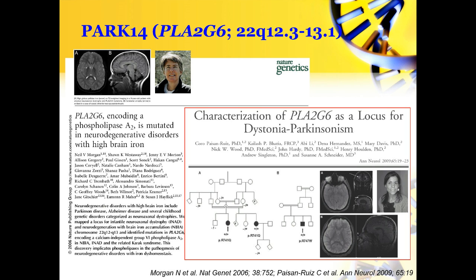The PLA2G6 mutation was first identified in patients with neurodegenerative disorders with high brain iron by Professor Hayflick in 2006. Later on, PLA2G6 was characterized as the locus for autosomal recessive PARK14 by Dr. Paisán-Ruiz in 2009.